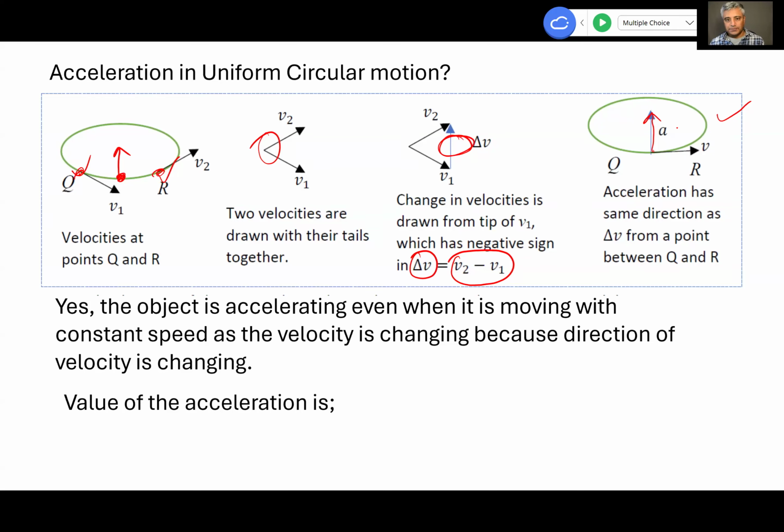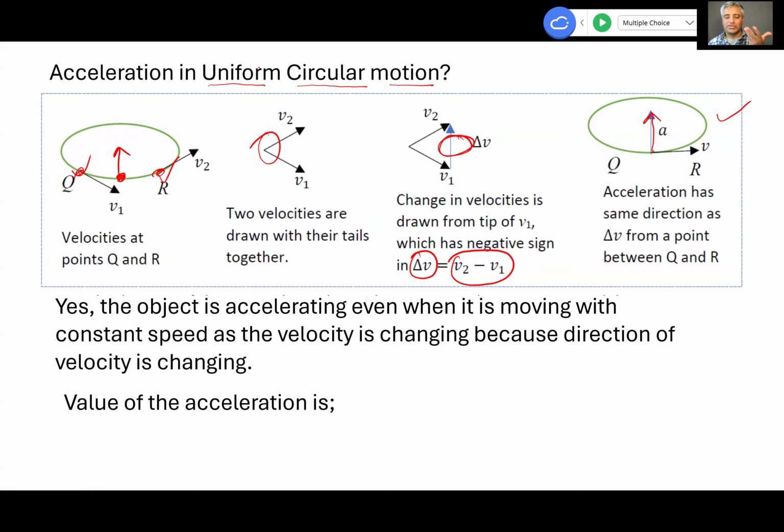So here, if you pay attention, it says uniform circular motion. In circular motion, velocity is changing. Because of that, it's accelerating. But how can velocity change? The value of velocity can change, or simply the direction of velocity can change, or both of them can change.